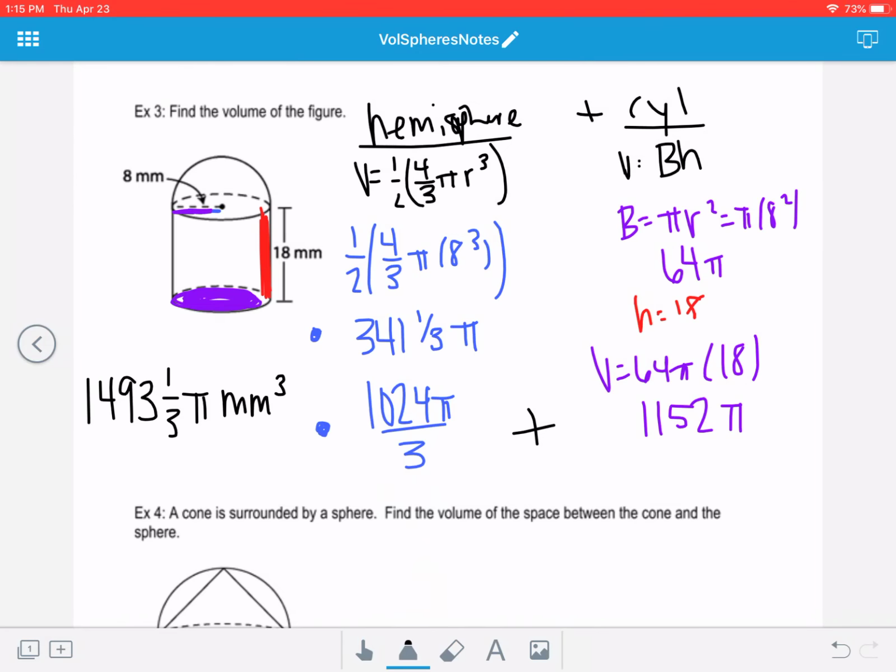If you wanted to write that as an improper fraction, 4480 pi over 3 millimeters cubed. If you wanted to take that and round it to the nearest whole number, you should get about 4,691. Awesome.